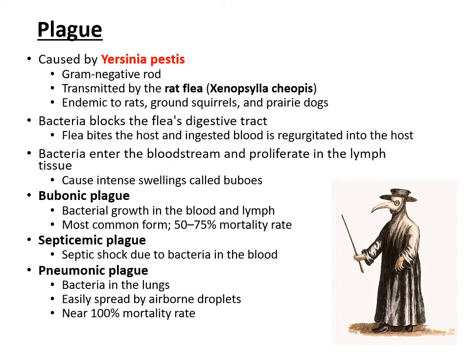A pneumonic one is focused in the lungs, and it is highly contagious, as are the other ones as well. But pneumonic plague is very, very airborne contagious with nearly 100% mortality. Okay, but now when you see that it's caused by bacteria, the good thing is antibiotics were then able to be used for this kind of infection.